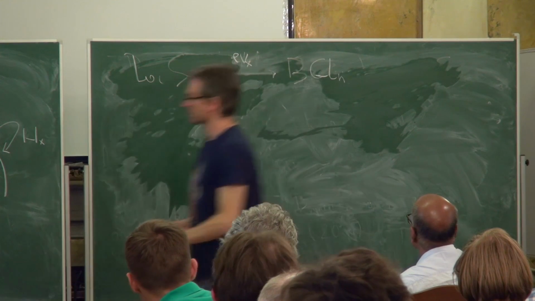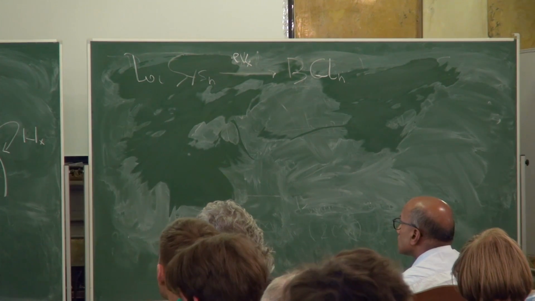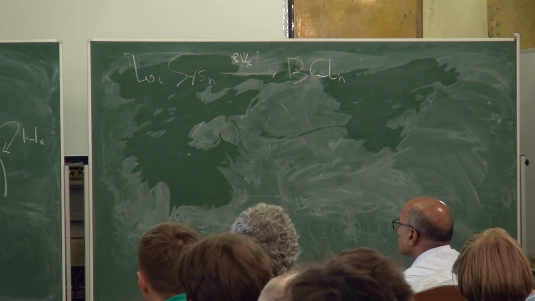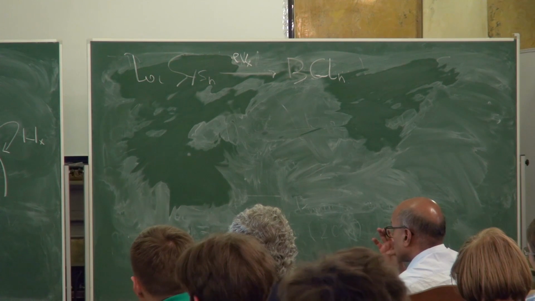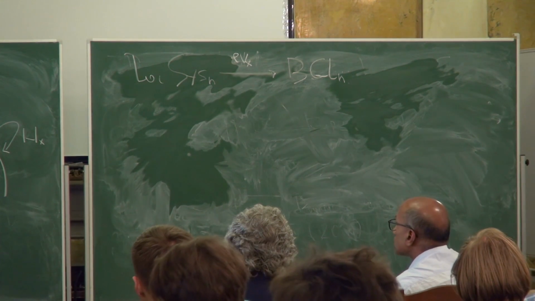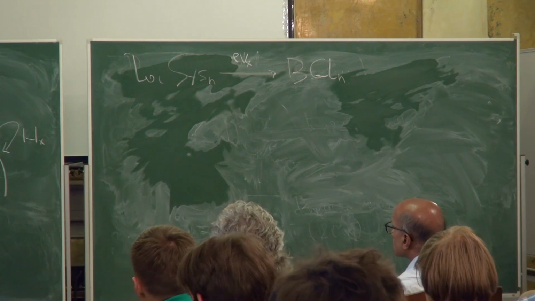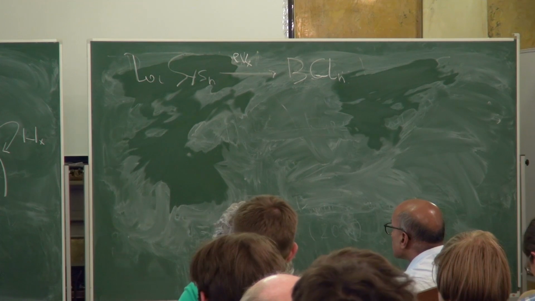And now on this category of quasi-coherent sheaves on the stack, there is an endofunctor given by tensoring with that canonical bundle. That is supposed to correspond to the Hecke functor on the other side. But there is much more to specify by this equivalence. We know quite a bit about what corresponds to what under this equivalence.